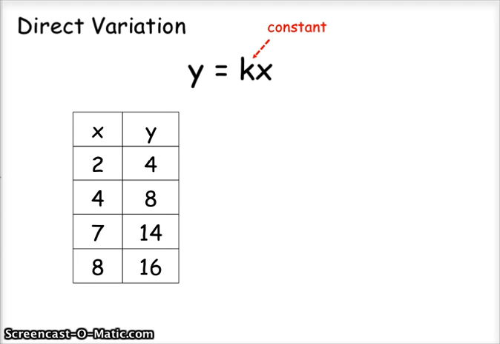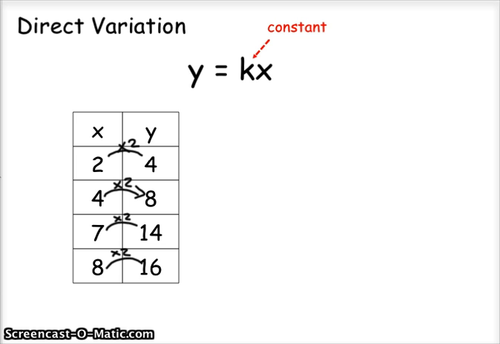So if we look at a table, you'll notice that as x increases, y has to also increase, or vice versa, as x decreases, y would also decrease. So in this case, x goes to 2, y is 4, and so I'm going to be multiplying everything by 2. 2 times 2 is 4, 4 times 2 is 8, 7 times 2 is 14, and 8 times 2 is 16.